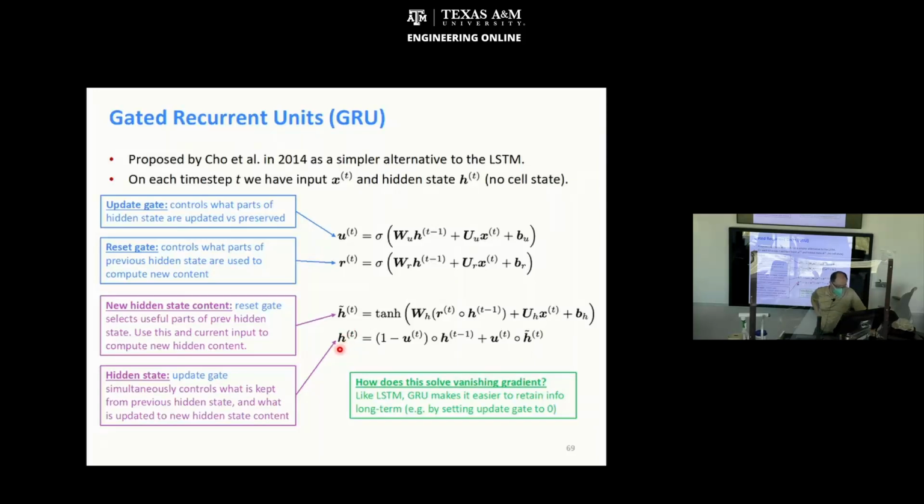Again, how does this solve the vanishing gradient problem? Just like LSTM, it's much easier to retain long-term information without having to remember everything. It's as if saying that a convolutional neural network works even though the convolutional kernels are small, because they have a very wide receptive field if the depth of the hidden layers is large enough.